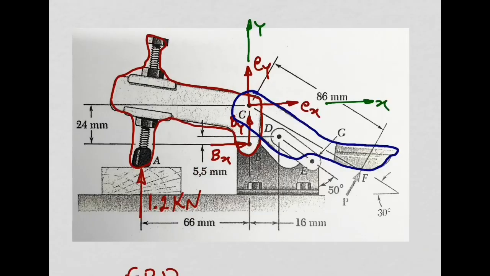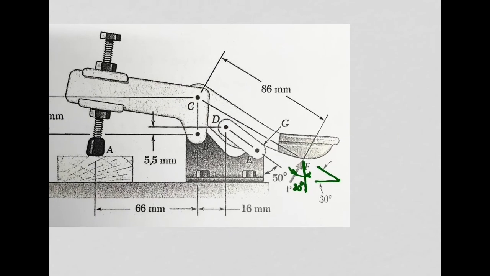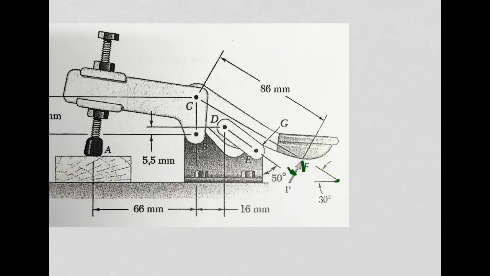One important thing, look at this figure here. For the moment produced by force P about point C, force P is applied perpendicular to this direction, CF. Force P is perpendicular to CF.